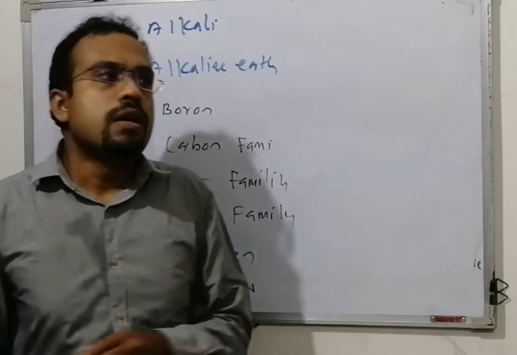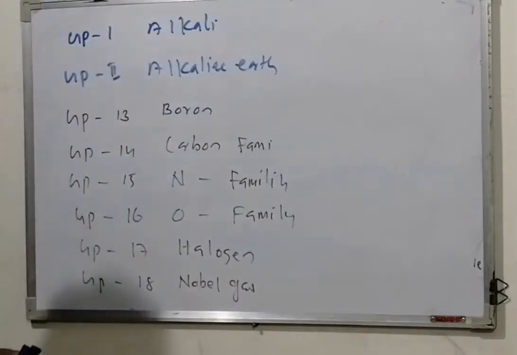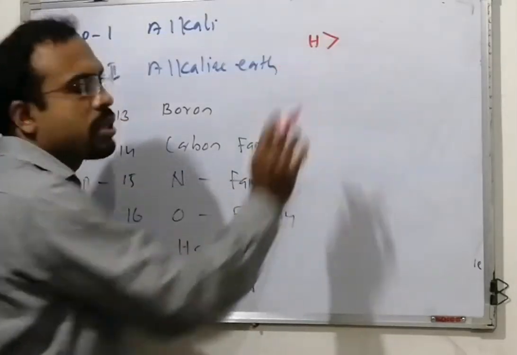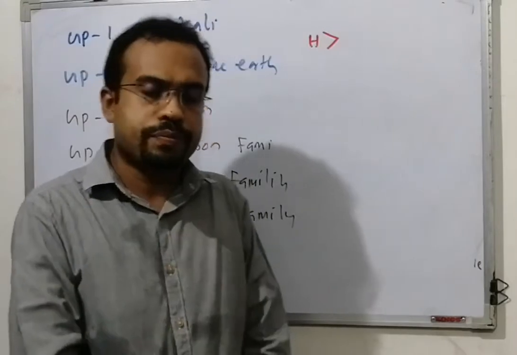Now please understand, group wise, halogens are most electronegative.